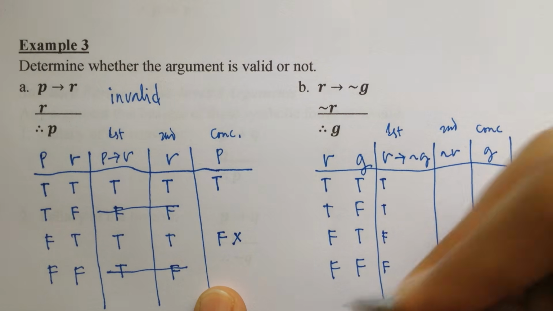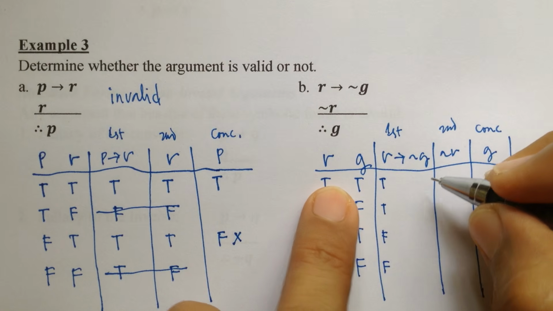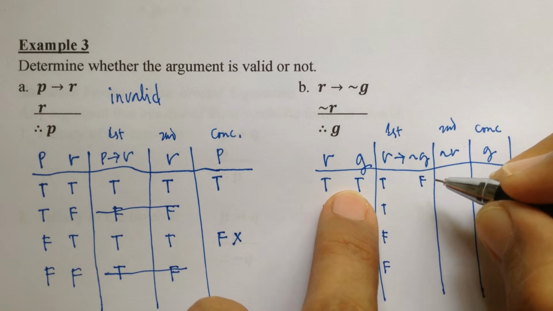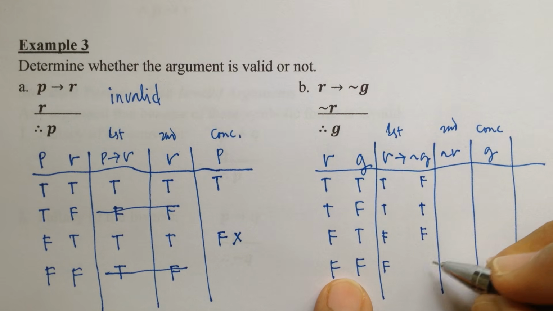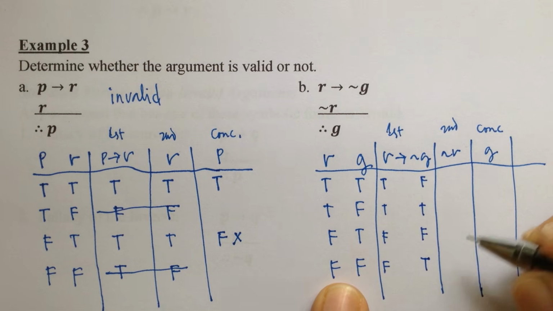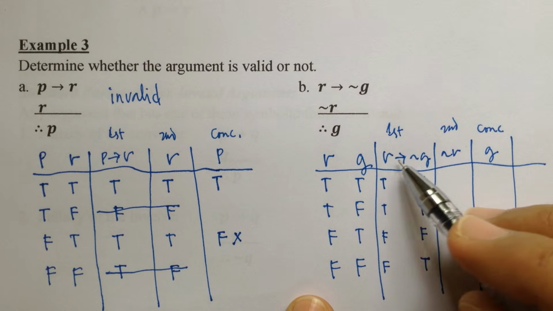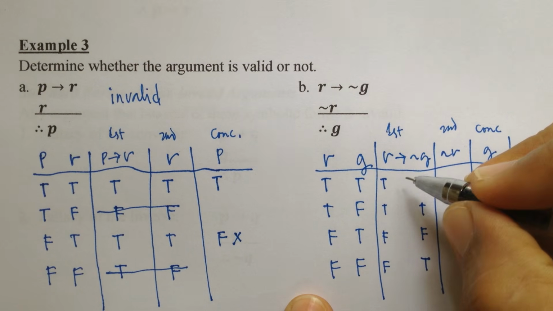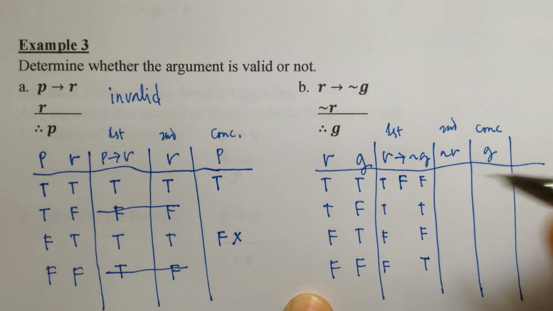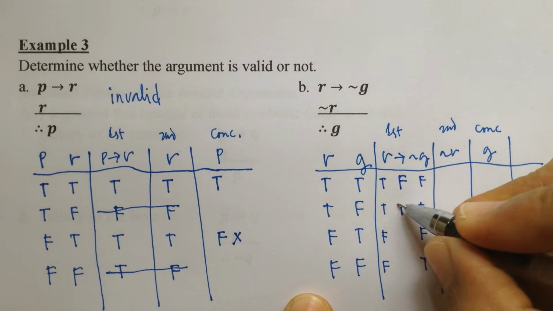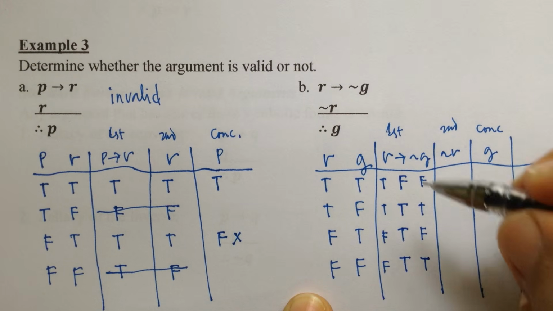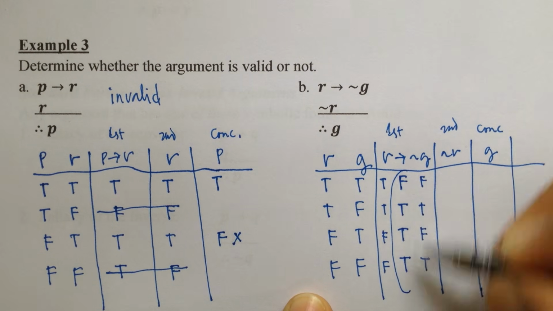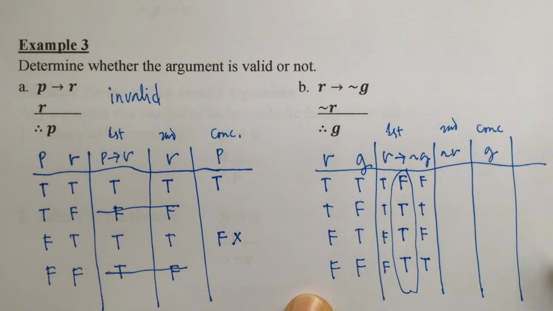Your negation of G here is false, because this is true, this is true, this is false, and we have true. So R implies negation of G: this will become false, right? This is true, this is true, and this is true. So this is the truth table for our first premise.